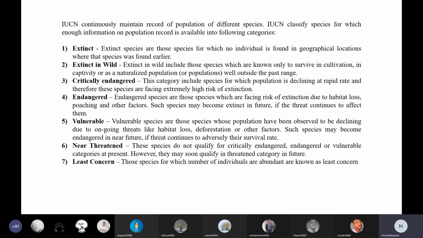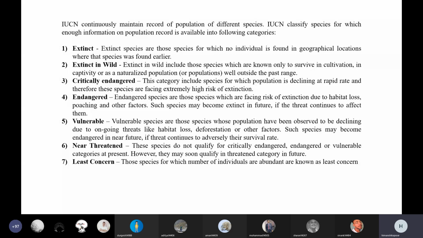Then the second category is extinct in the wild. So wild और cultivated plants में difference तो पता है ना? Wild is the natural variety, whereas cultivated is the domesticated variety, which is improved, is in regular cultivation, and is serving the demands of society.